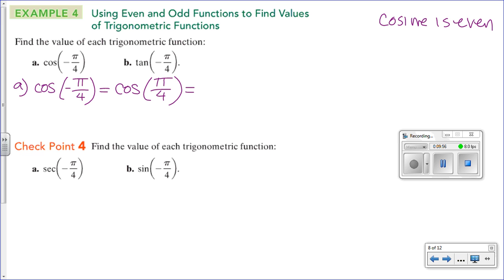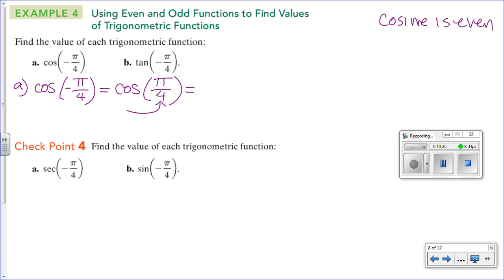Yes or no? Cosine is the x, so you could use your unit circle if you don't remember what it is. So can you guys tell me what is cosine of pi over 4? Oh, well, no, I'm not asking about the angle measurement.